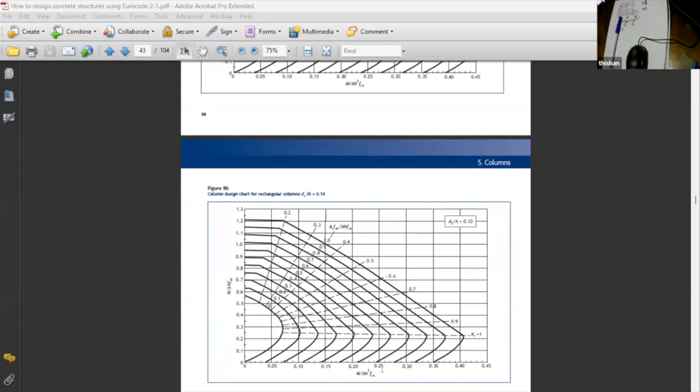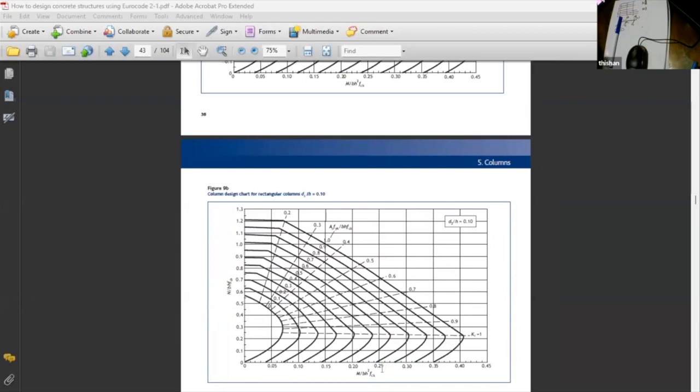So that means the information given in many documents, many pages for different grades of concrete, can be brought onto one chart. So here we have only one chart, right?